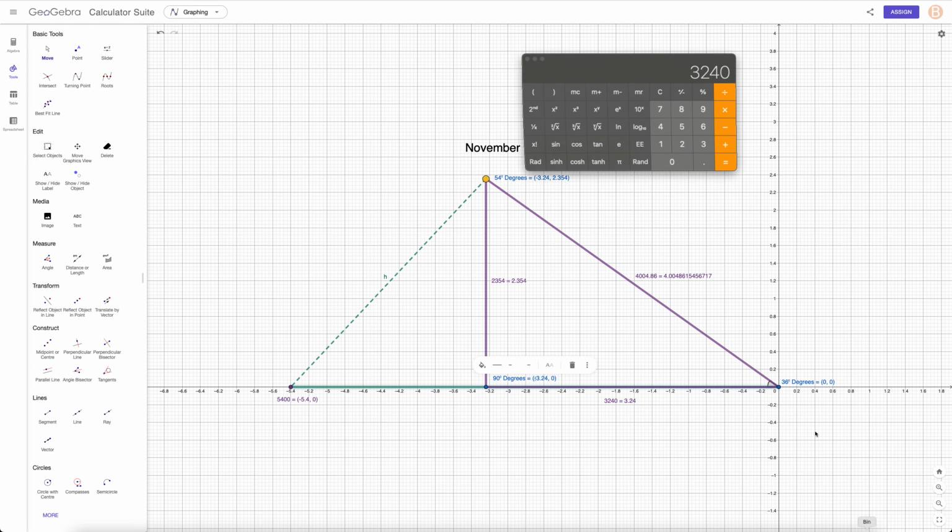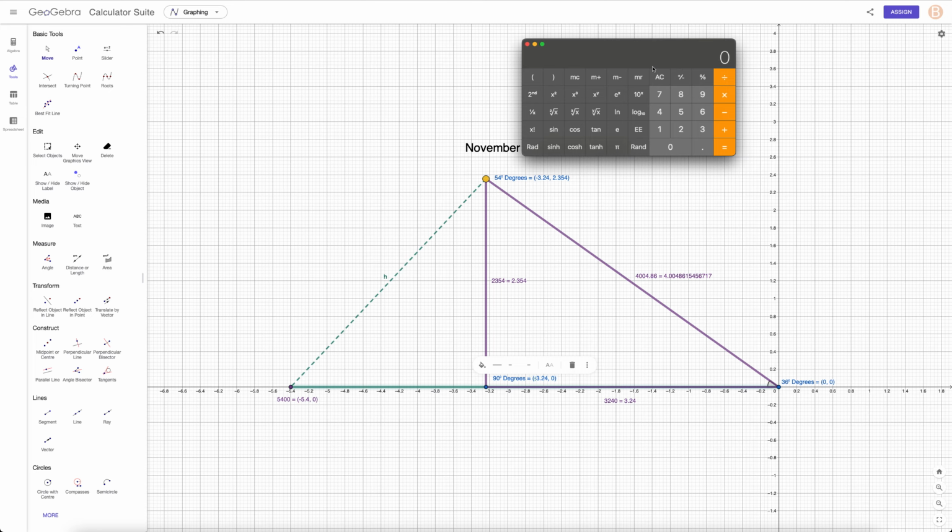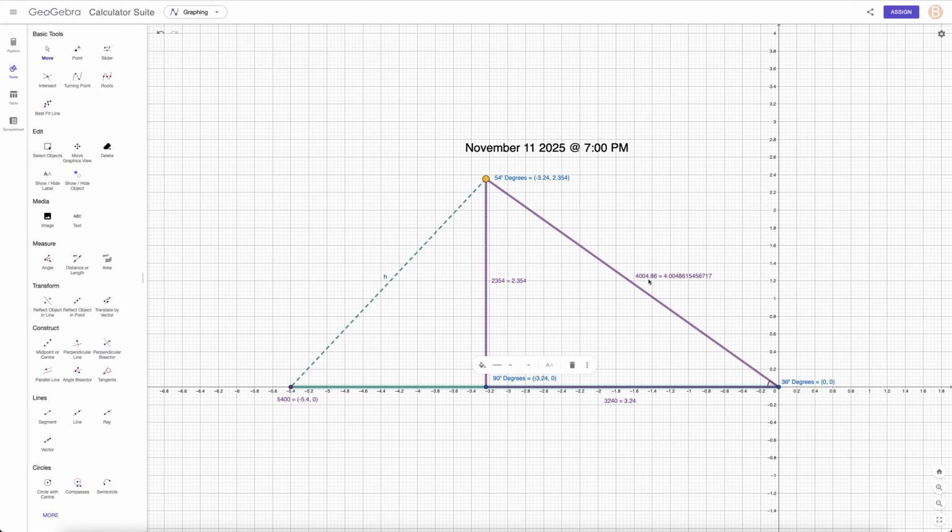So what's the length of my hypotenuse? I can go, 3,240 squared plus 2,354 squared equals 16,038,916, and we just get the square root of that. It'll be 4,004.8615, blah, blah, blah. Point is, there is 4,004.86.